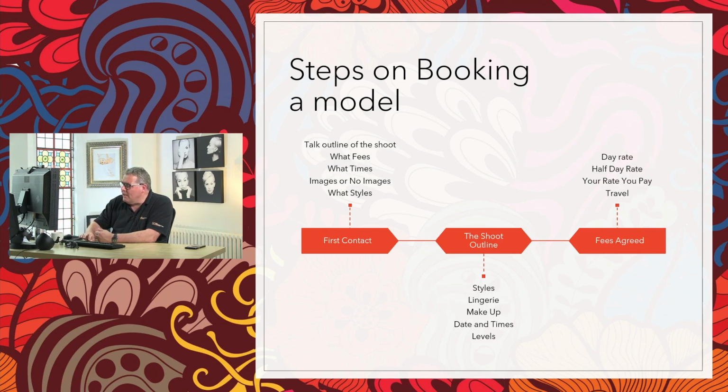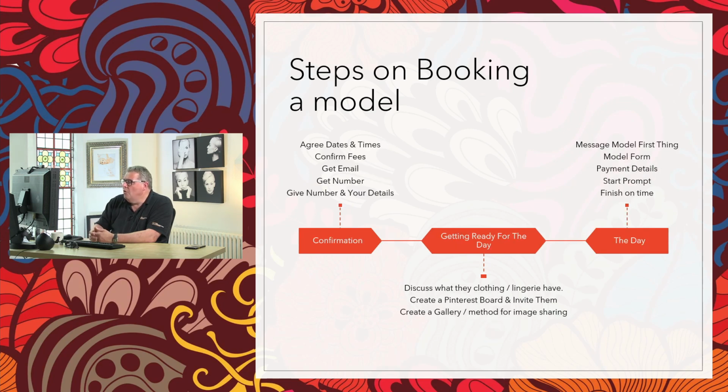If I went back a slide, I'd always recommend that when you're talking about the fees and times, you tell them where the shoot is going to be as well. So remember to get their number. I would suggest that a booking without an email and a mobile number is not a booking, because that's usually where things are going to fall down.